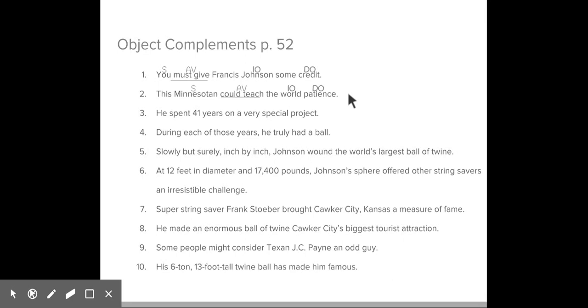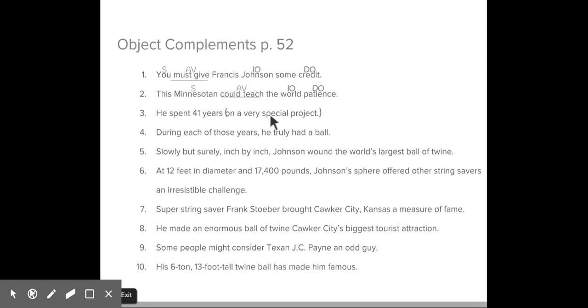All right, number 3 says, he spent 41 years on a very special project. Let's start with prep phrases. Do we have any in this sentence? Yes, we do. Remember, you start with your preposition, and in this case it's on. You go all the way down to the noun it's dealing with. So the whole thing is on a very special project. On a very special, those are all adjectives for project. There's our prep phrase, and we're going to put it in parentheses. Now we don't care about it.